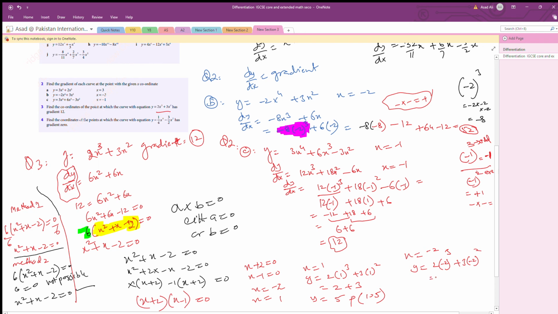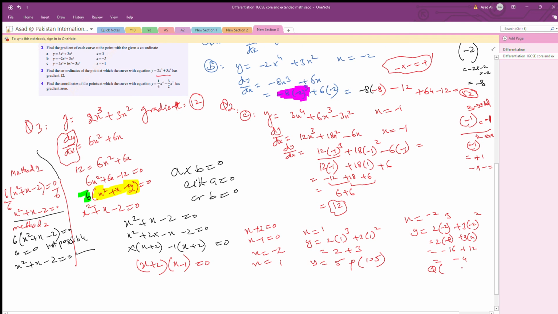So the result: 2 2s are 4, 4 2s are 8, but this is minus 8, and 3 into 4 is 12. So minus 16 plus 12. So the answer is minus 4. So point Q is here. The next point is minus 2 and minus 4.